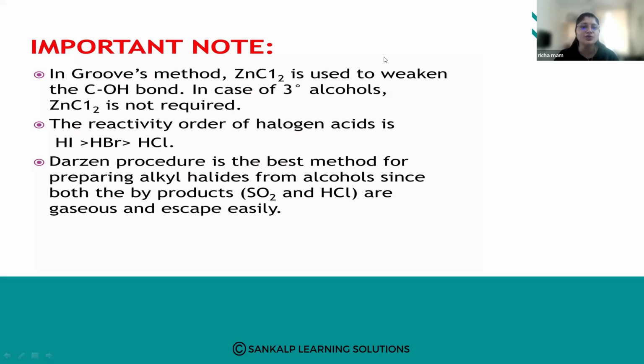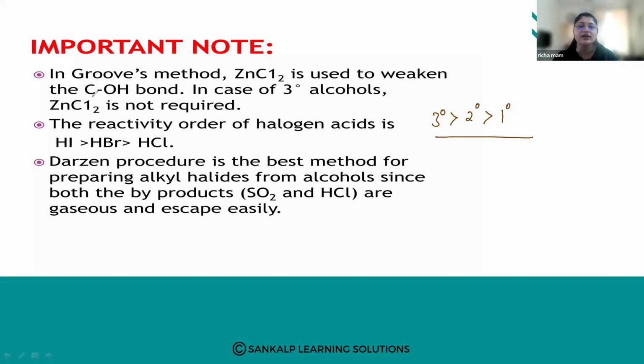These are some of the important notes. Please read them. Now the reactivity of halogen acids: the order of reactivity is HI is more reactive than HBr and then HCl. And regarding the alcohols, tertiary is more reactive than secondary alcohol and then primary alcohol.